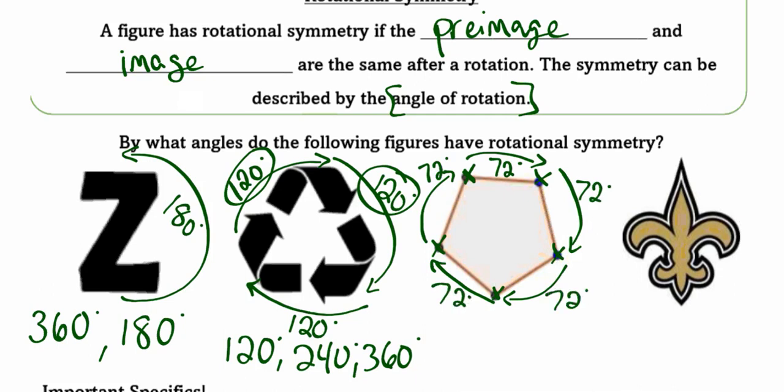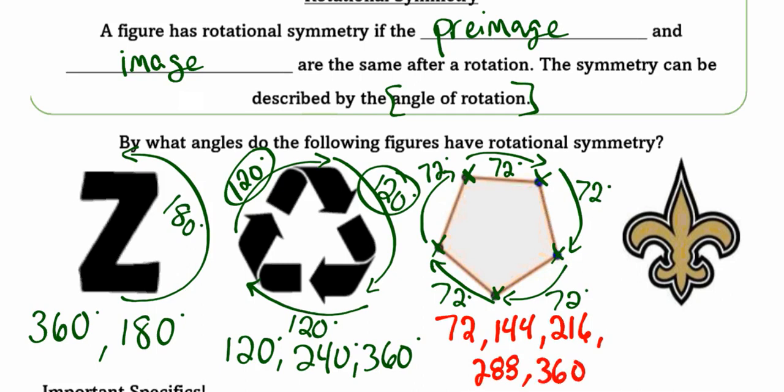So we can rotate it by 72, or 2 of those would be 144, or 3 of those would be 216, or 288, and of course we could also do 360. So it can be rotated 5 different ways to create the same orientation.